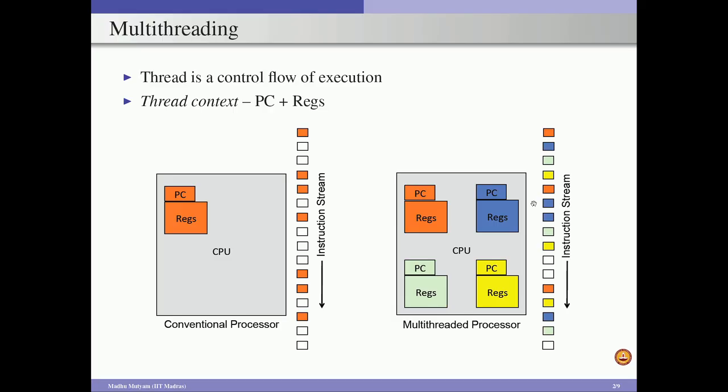Effectively, the latency incurred by the load miss for this software thread is overlapped with the execution of the threads from the other hardware contexts. As a result, we can hide the latency of cache misses and utilize all the functional units efficiently, and we can improve the overall performance of the system. So, once we have multi-threading support in our system, we can exploit thread level parallelization and improve the overall performance of the system.